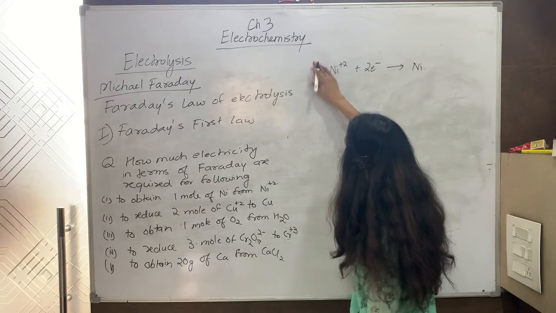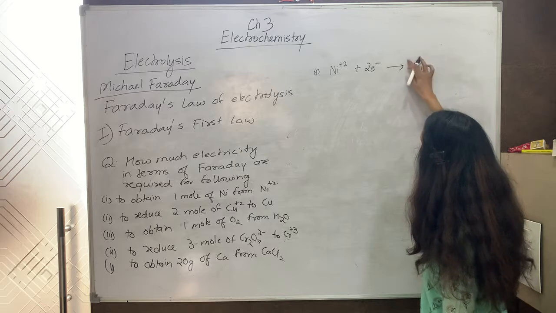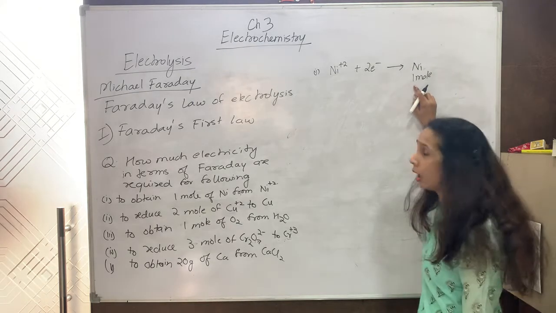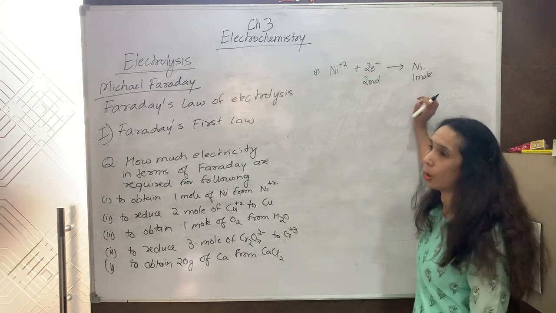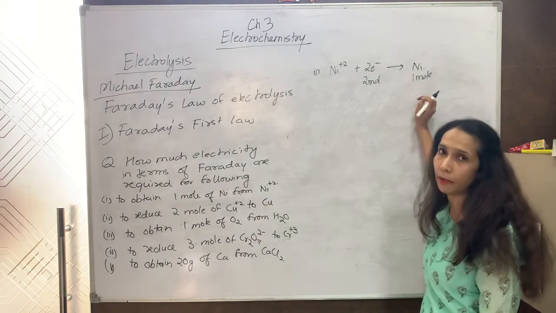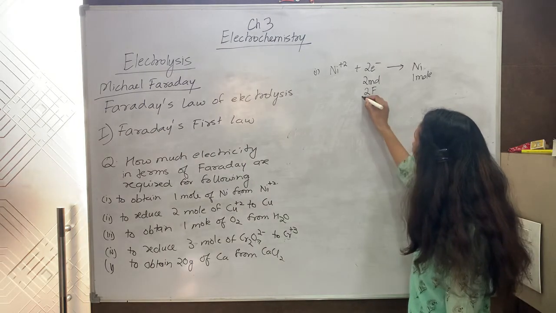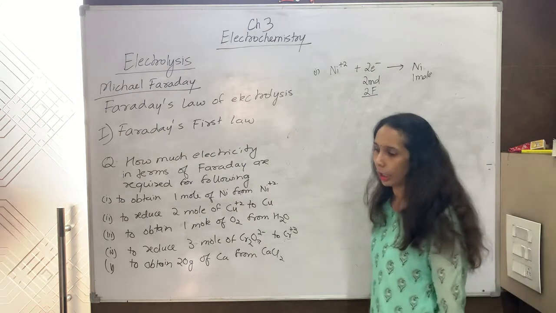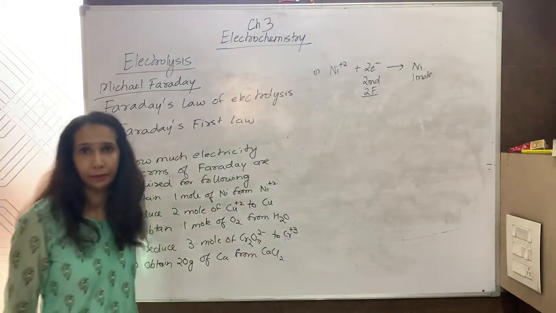How much nickel do I have to obtain? 1 mole, because nothing is written here. For 1 mole you require 2 mole of electron. What is the charge on 1 mole? 1 Faraday. So charge on 2 mole? 2 Faraday. The answer is 2 Faraday. To obtain 1 mole of nickel you require 2 Faraday.